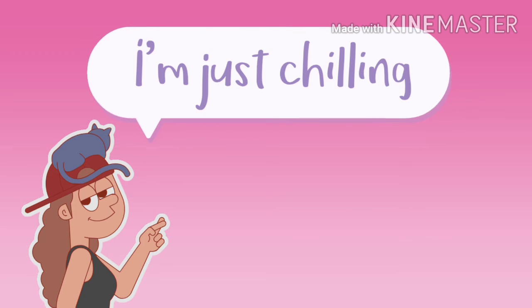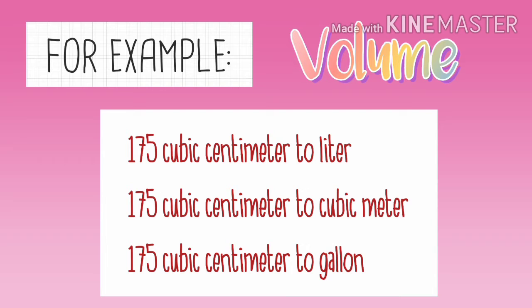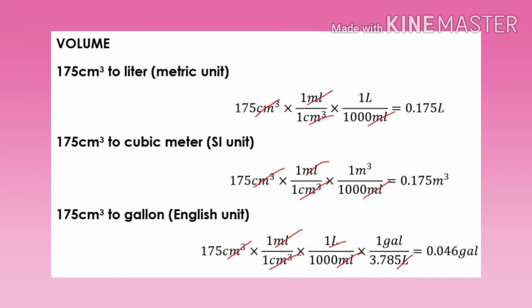And now let us proceed to my second example, which is conversion of units in volume. Here, 175 cubic centimeter to liter, cubic meter, and gallon. As you can see here, I always make sure that the unit in the sample measurement is being cancelled to get the desired unit that we need.